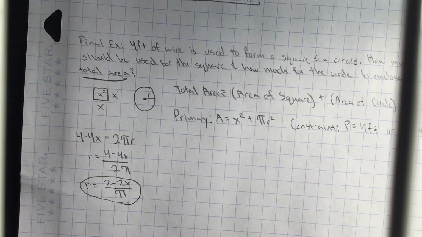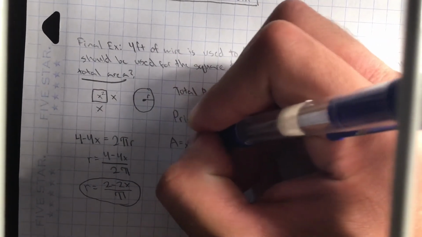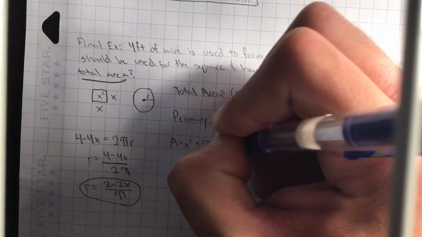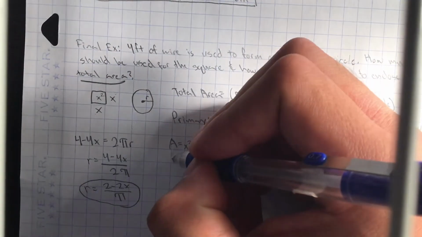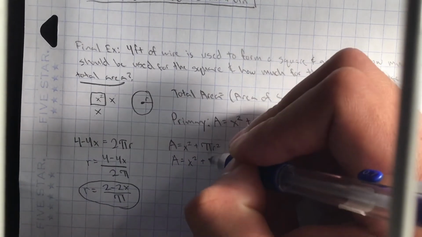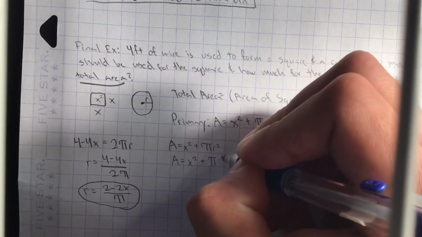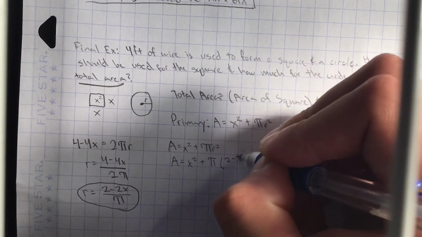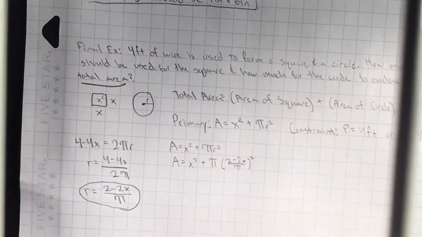We write our primary equation, A equals x squared plus pi r squared, and then we plug in the r. So A equals x squared plus pi times (2 minus 2x over pi) squared.